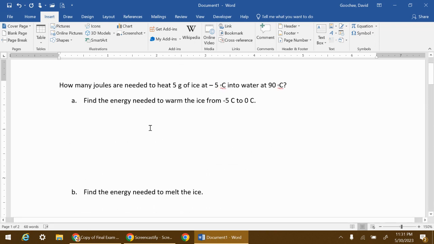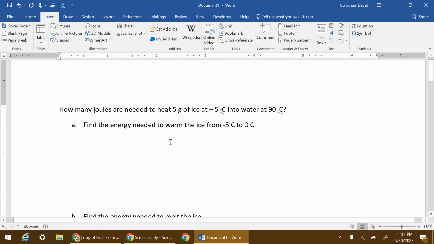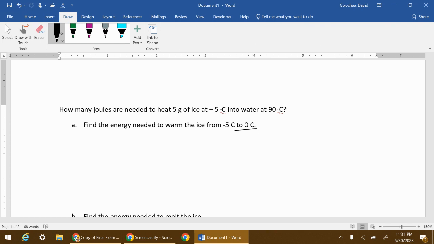All right, so the first thing we need to do is find the energy needed to warm ice from -5 Celsius to 0 Celsius. Because this is a temperature change problem, we are going to use Q equals M times C times delta T. Fortunately for all these problems, Q is what we're solving for, so that simplifies things. We got 5 grams of ice.